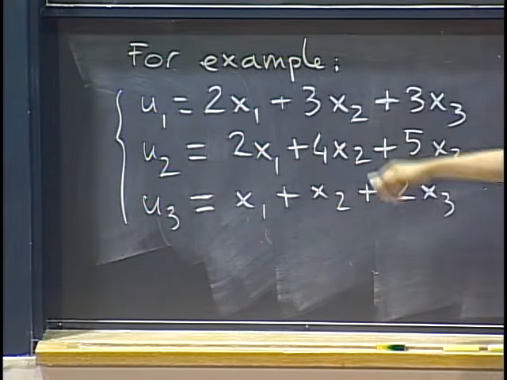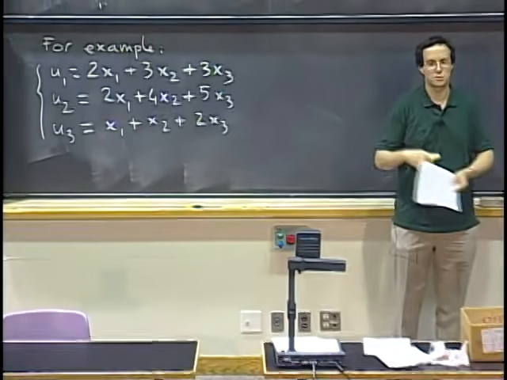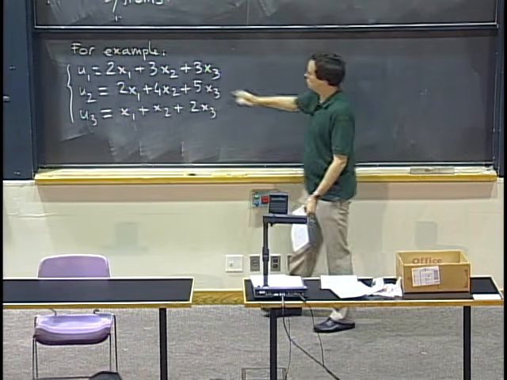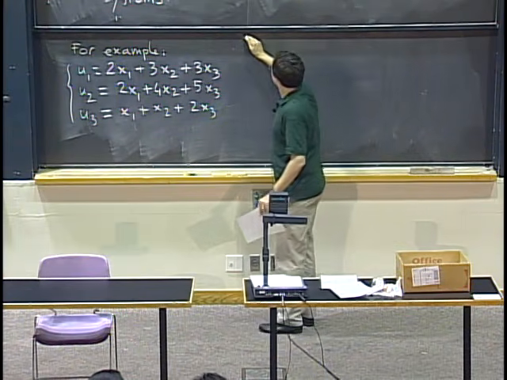Do not ask me where these numbers come from. I just made them up. Okay, that's just an example of what might happen. So put here your favorite numbers if you want.